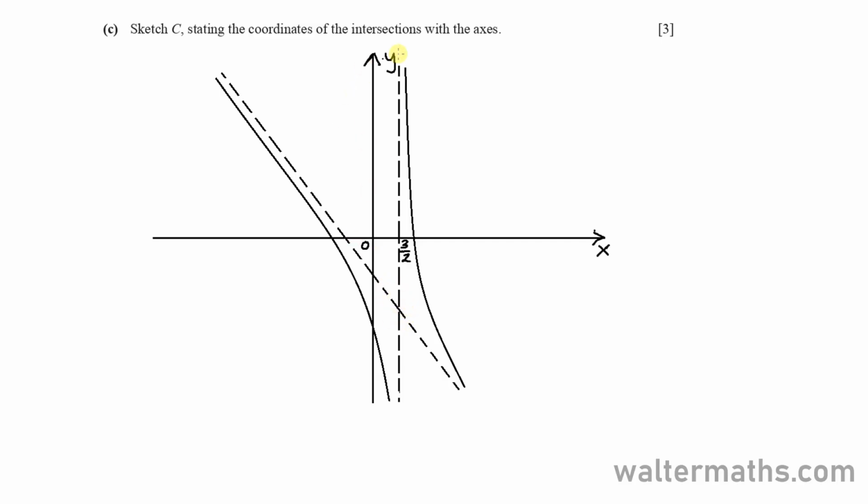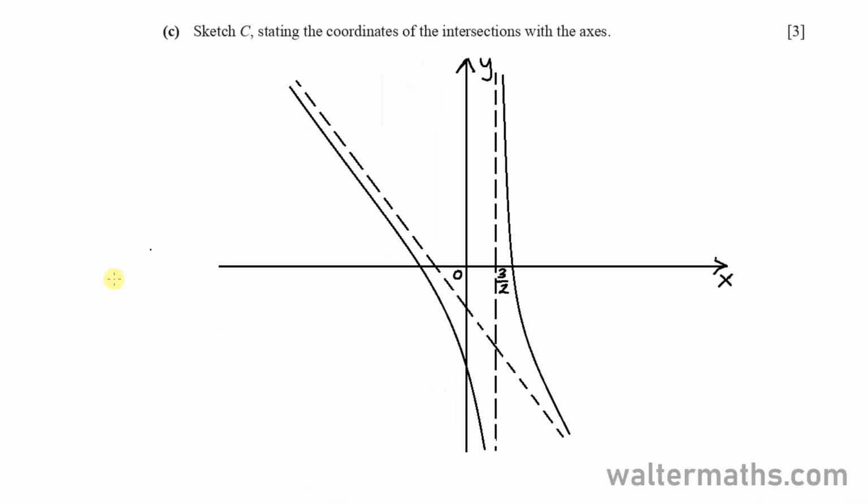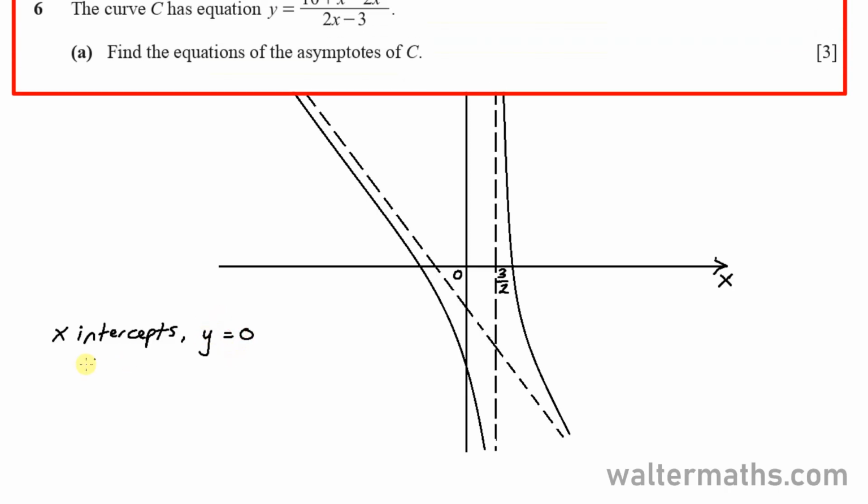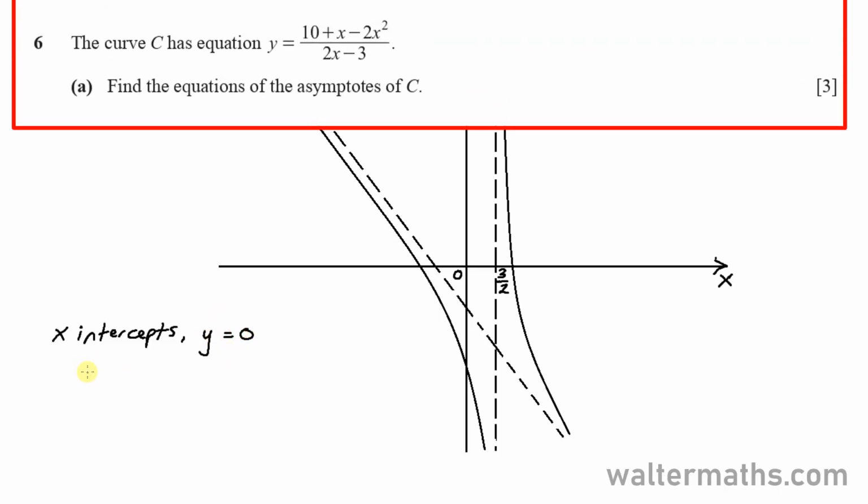Okay, so we have also to state the coordinates of the intersections with the axis. So let's start with the x-intercepts, and these occur when y is equal to 0. So here, considering the original equation, I'm going to equate it to 0, such that I'll be having the equation 0 is equal to 10 plus x minus 2x squared, like this.